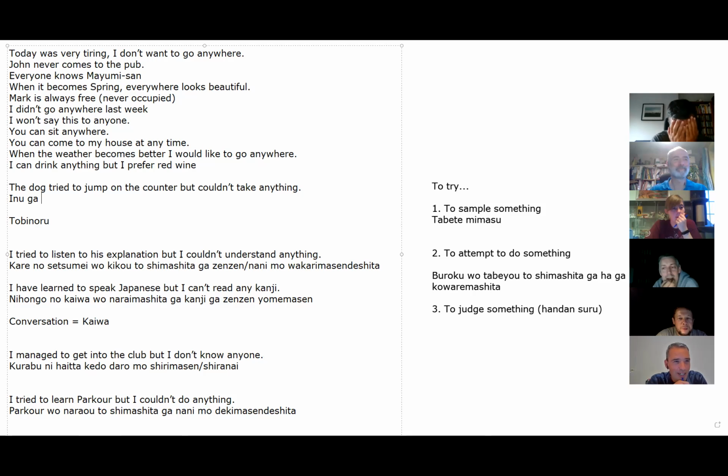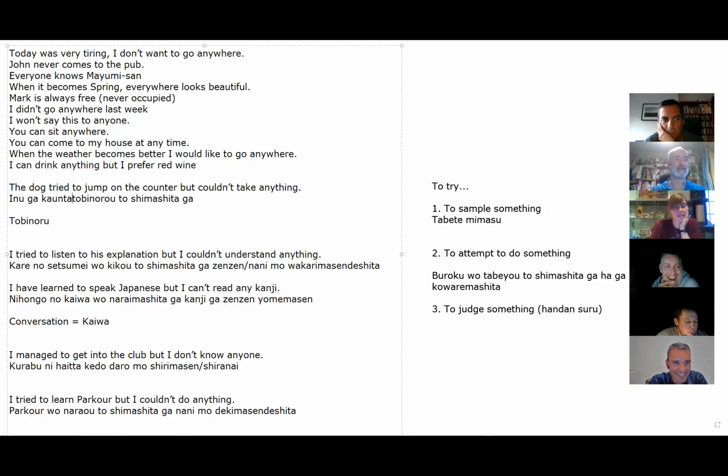Okay. Inu ga tobinoro to shimashita. There is a location that he's jumping on, by the way. Counter. This is desk. There's actually a different word for counter. Guess what it is? Counter.